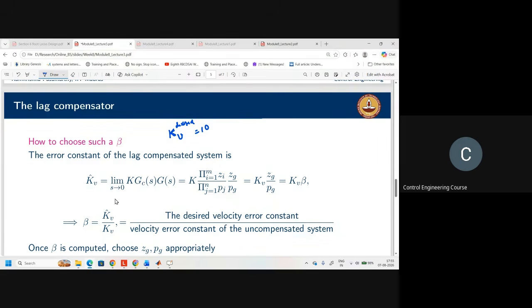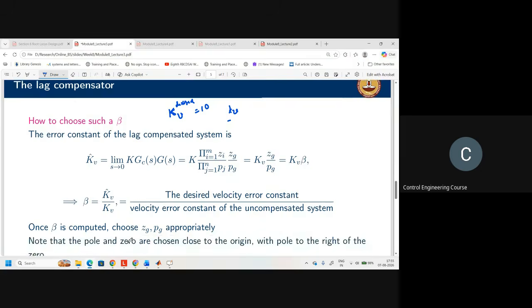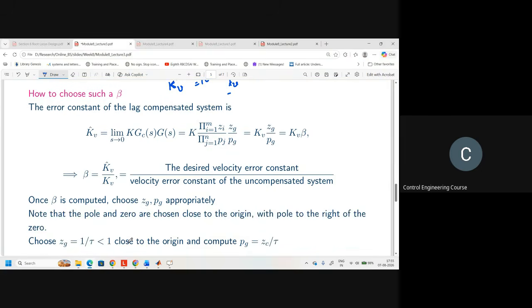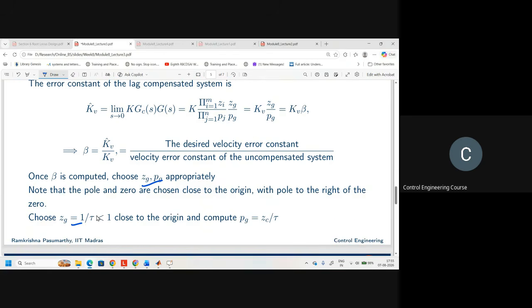That small Kv is for the already given system. Then calculate the ratio of these two, that gives your beta. So once you compute beta, then we have to choose Zc and Pc appropriately. What we do is choose Zc close to the origin and compute Pc. Pc is nothing but Zc by beta.